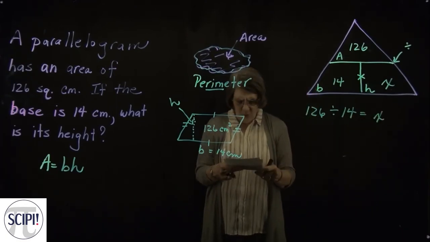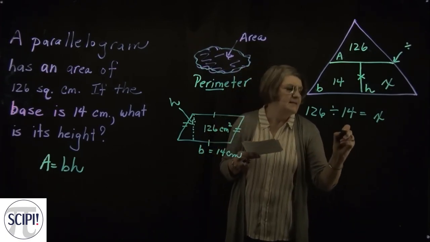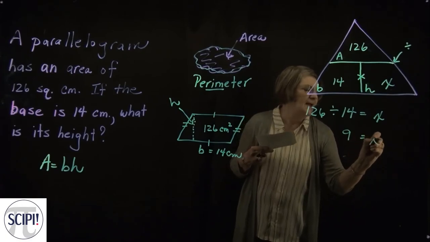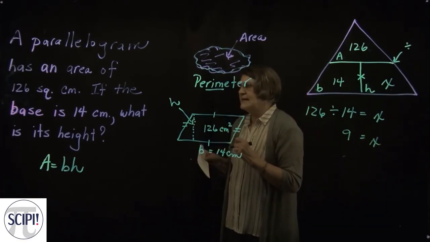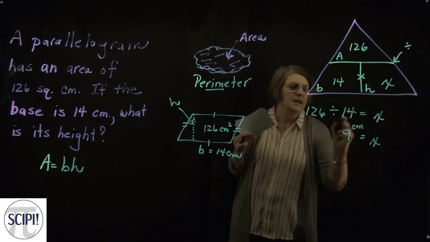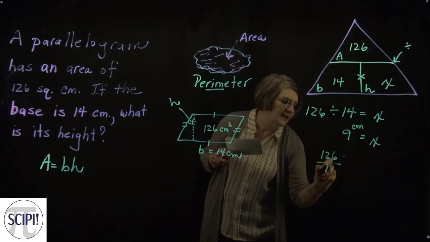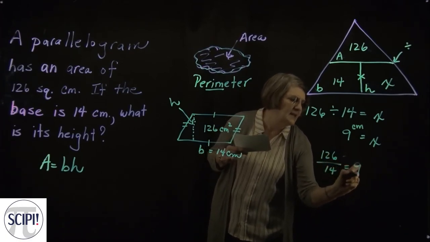And if I divide 126 by 14, I'm going to get 9. 9 what? Monkeys, worms? Oh, that's right, centimeters. Now, if you can't see it that way, we can also write it like this and get the same answer.